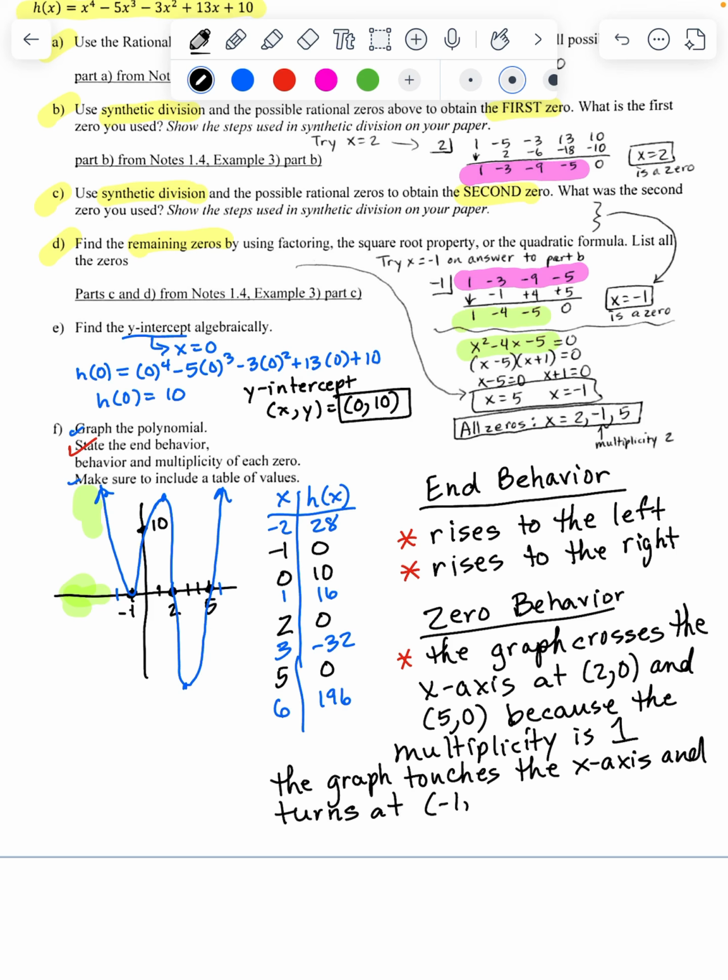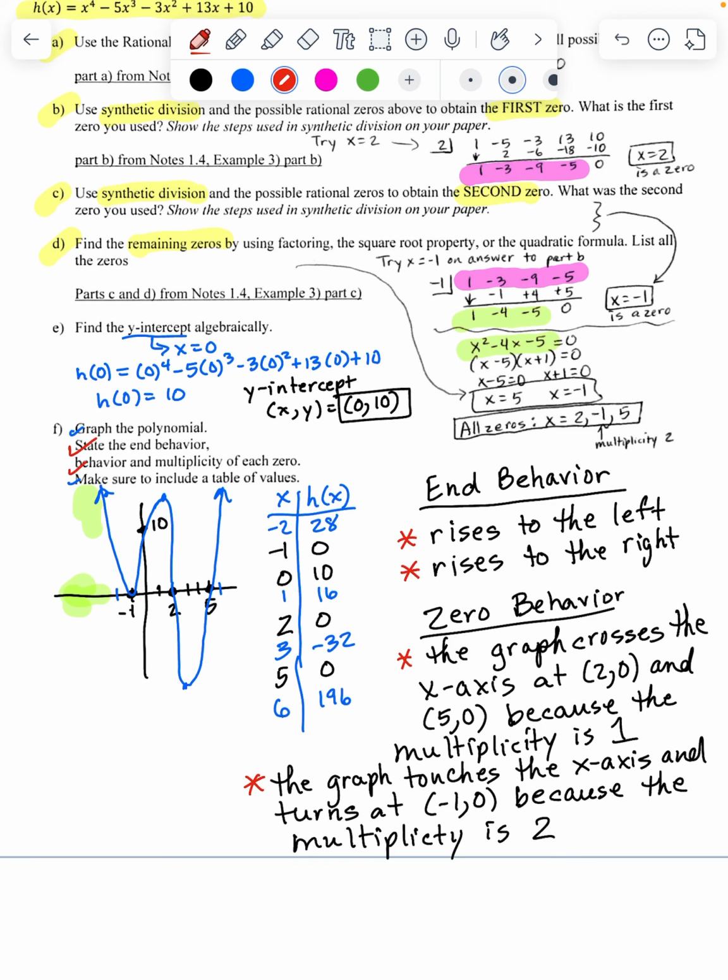That's happening at (-1, 0) in this problem because the multiplicity is 2. And that finishes the description of the behavior at the zeros. So that finishes my SLO.